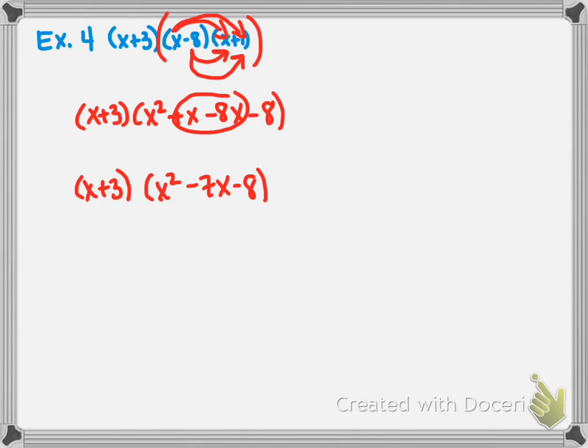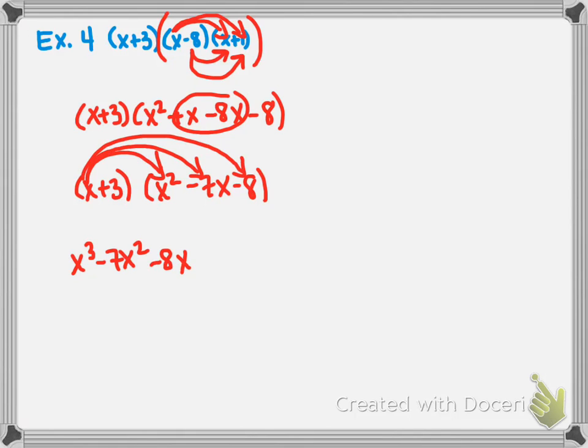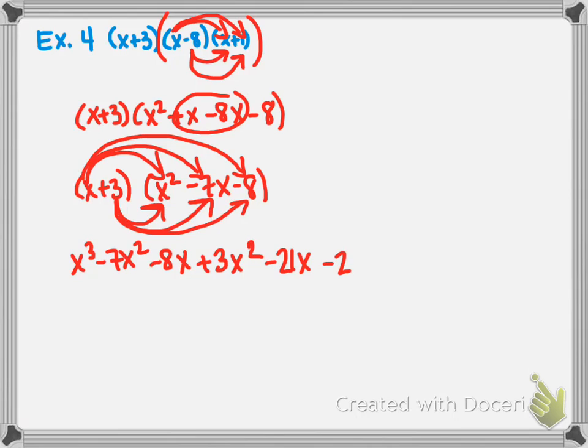Now this becomes like example 3, and we're going to distribute both terms in the first binomial with all three terms in the second trinomial. So x times x squared, x cubed, x times negative 7x minus 7x squared, x times negative 8, negative 8x, 3 times x squared plus 3x squared, 3 times negative 7x minus 21x, and 3 times negative 8 is negative 24. Let's combine our like terms.